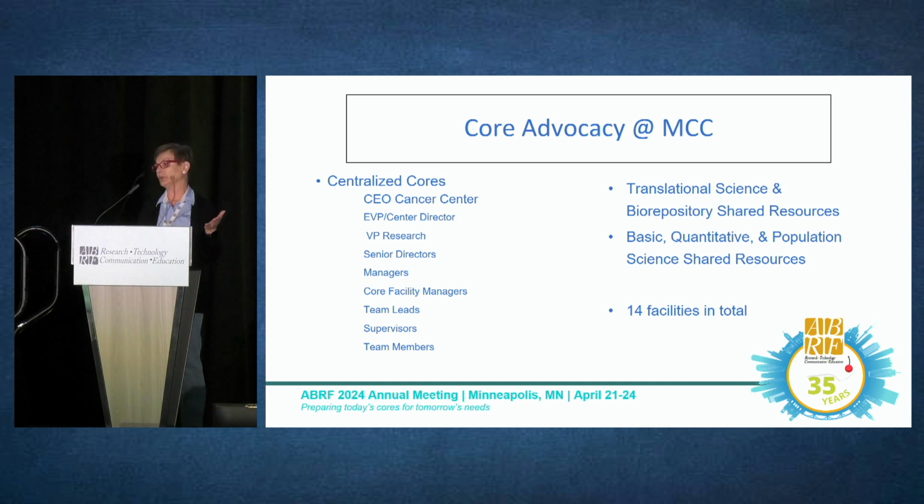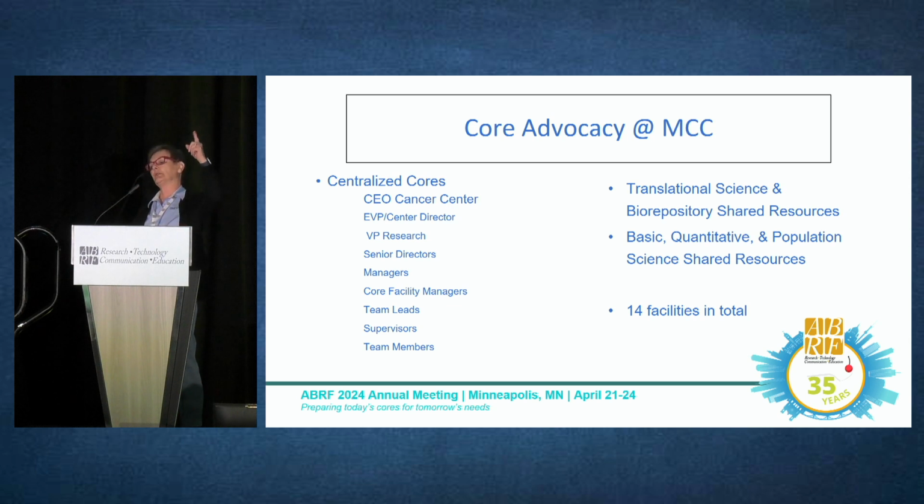We at Moffitt have centralized cores. Now, I'm sure you've all heard about the matrix cores and how difficult they are to manage, because they're here, they're there, and not one entity measures and takes care of everyone. It's sort of disjointed. Now, centralized cores aren't necessarily the panacea either, but I do have an advantage, because I know what my chain of command is.